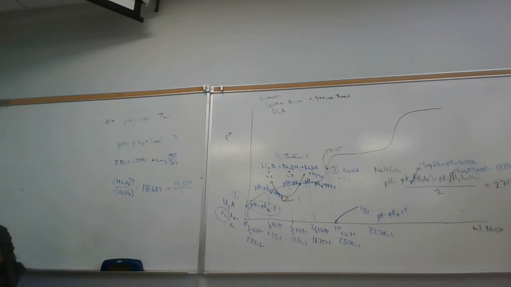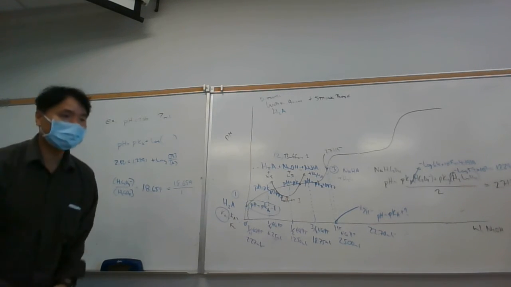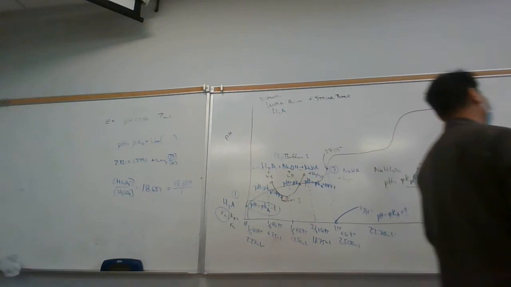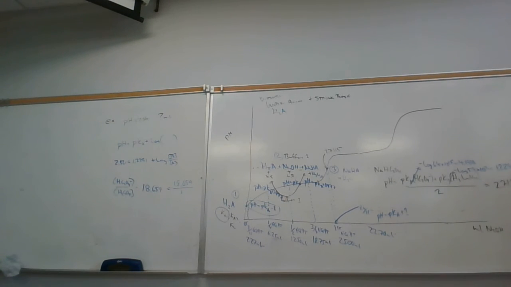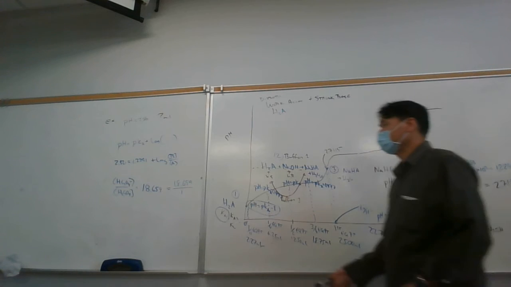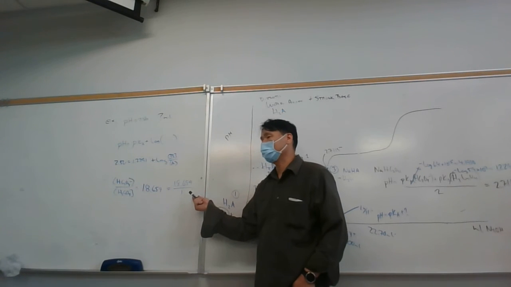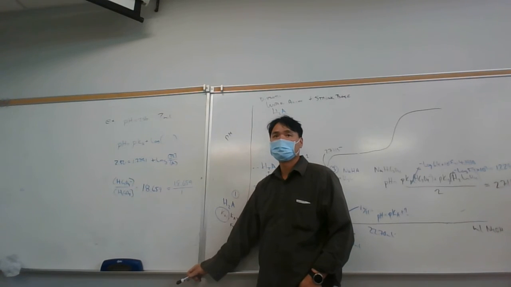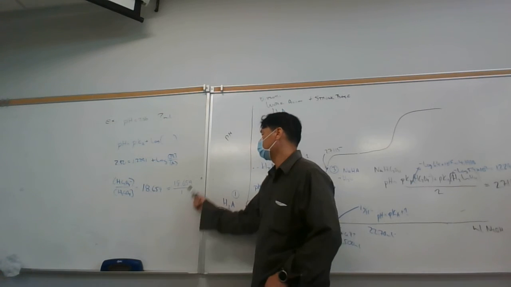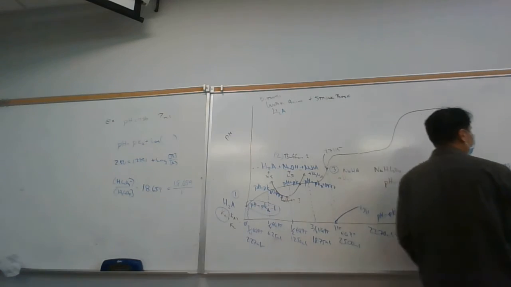Is that the equivalence point? No. That's actually where we are here. This is the base to acid ratio: 14.5 parts of base, 10.5 parts of acid. So we have 18.659 parts of base and 1 part of acid. And the question is, how many total parts are there here?